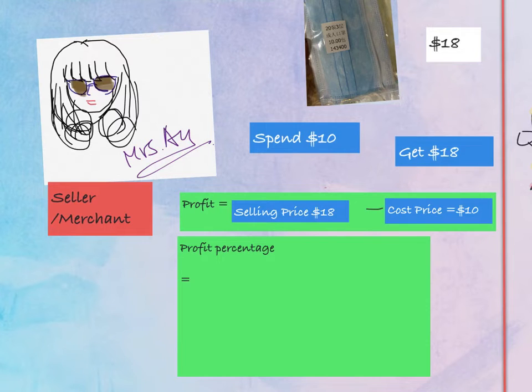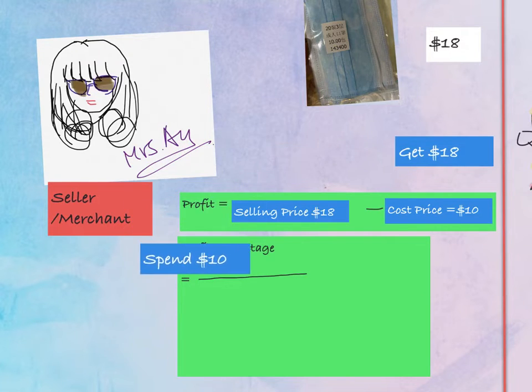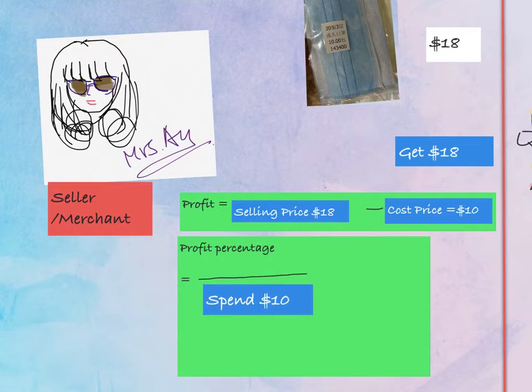But of course, we also want to know the percentage of the profit that Mrs. O gets. Because the profit is $8, it looks like it is not many. But we have to see how much the $8 profit is compared with the money that Mrs. O has put in. So Mrs. O has spent $10, and she gets $8 more. The profit here is $8, I hope you still remember.